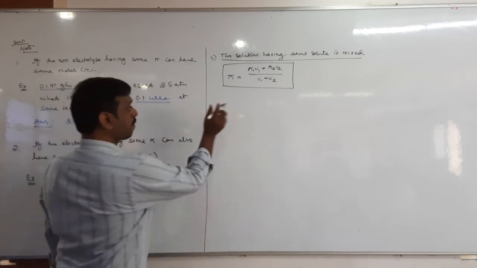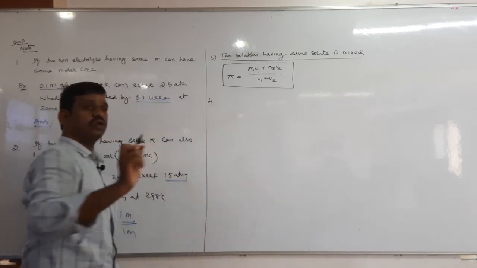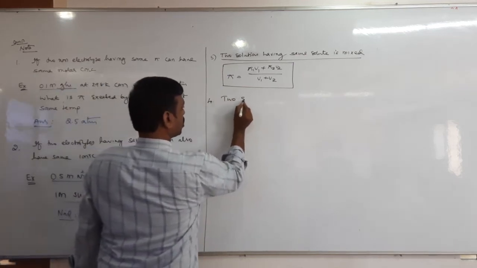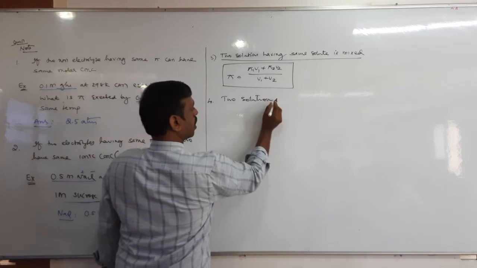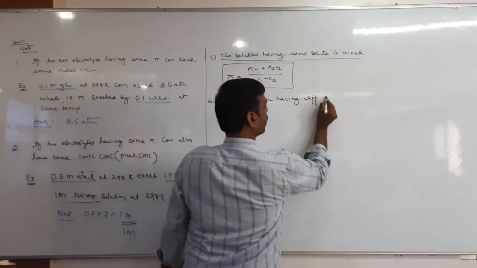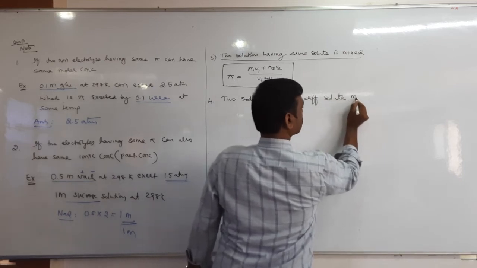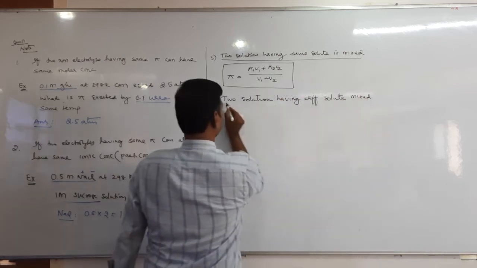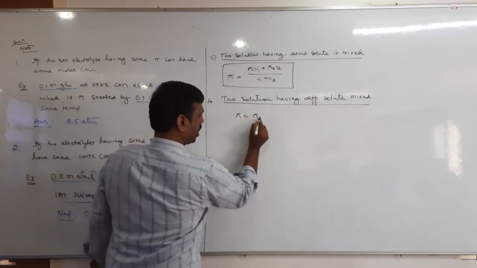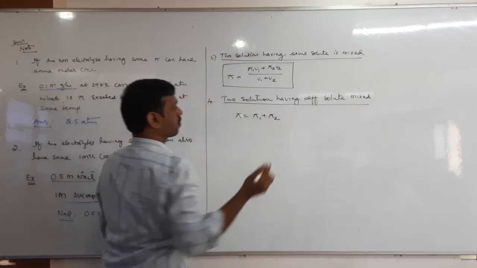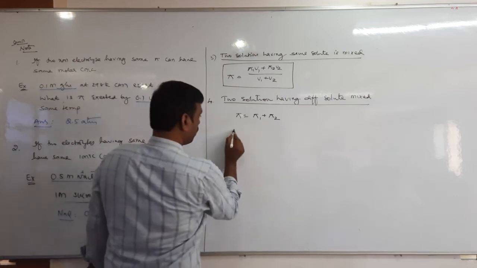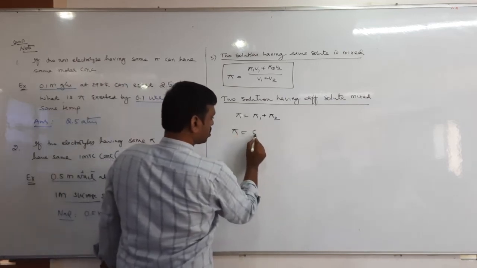But the important case is if two solutions having different solutes are mixed. Then pi equals pi 1 plus pi 2. But can we write pi 1 in the sense C1 into RT?